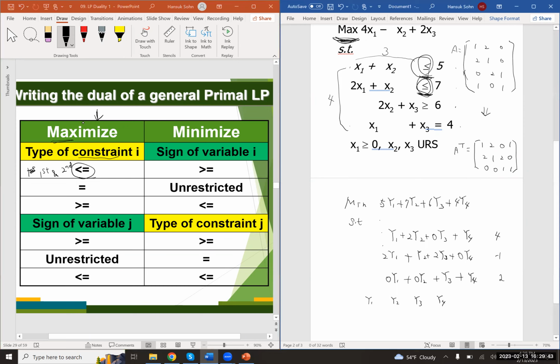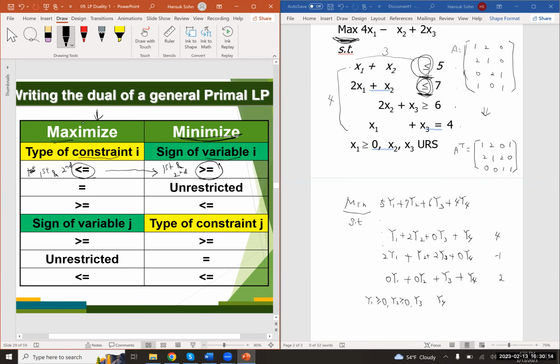And this implies that in the minimization problem, the first and second variable has greater than equal sign, okay? So in the minimization problem, we know that first and second dual variable has greater than equal sign, okay?